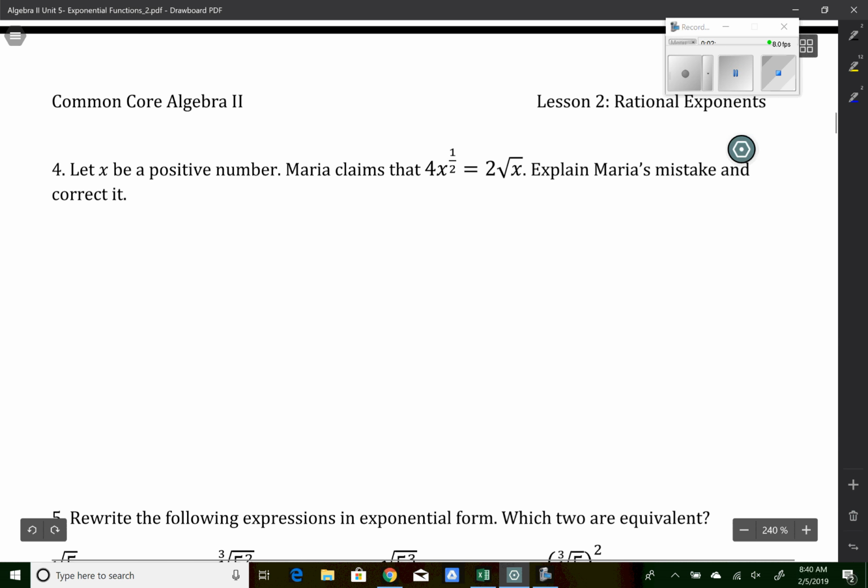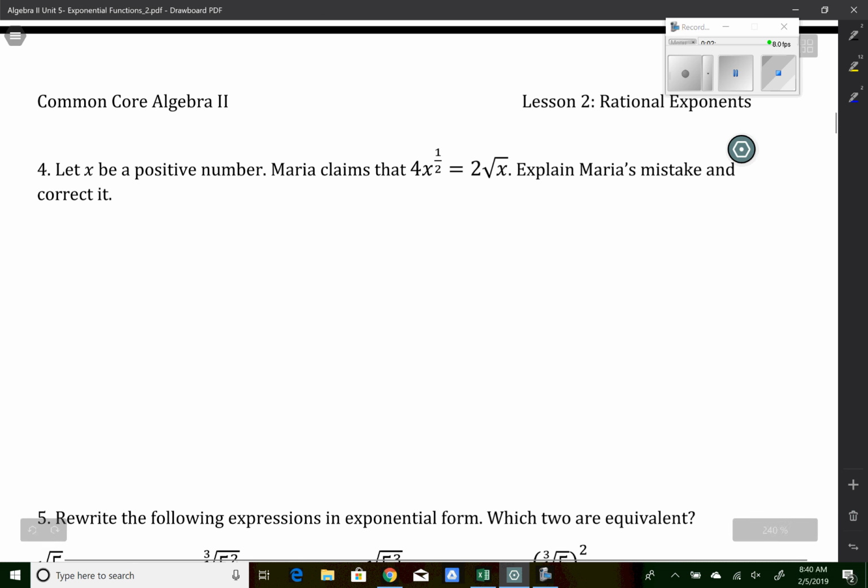The next one says, let x be a positive number, and it says Maria claims that these two expressions are equivalent. Explain Maria's mistake and correct it. So when Maria rewrote this here, she took the 4th root of, the 4 to the 1/2 power. This 1/2 power is only on x.